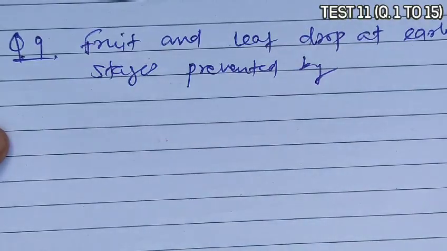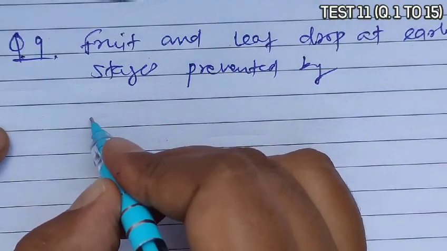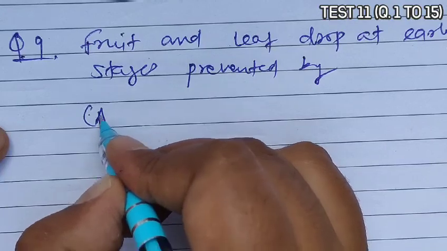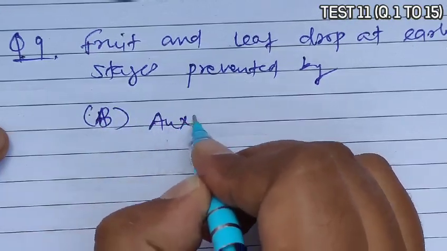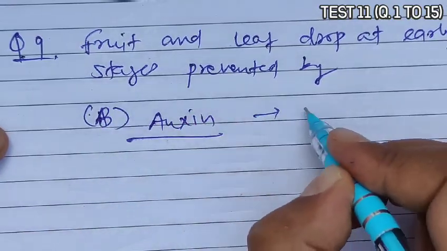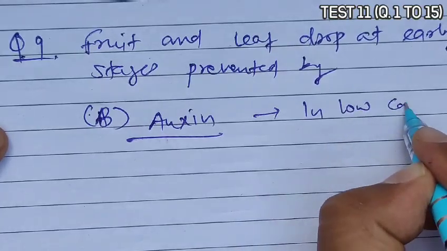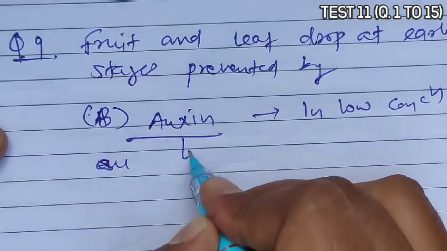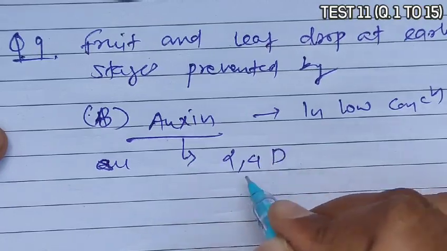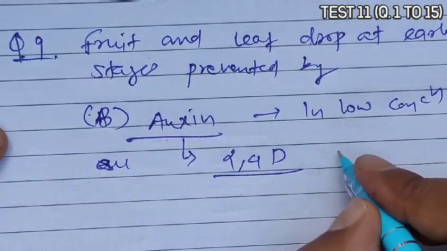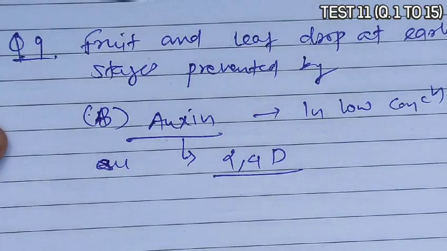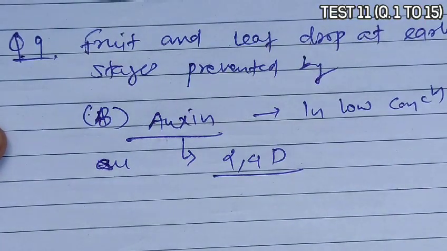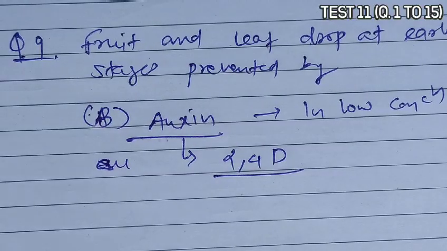Actually, it is prevented by option B, that is auxin, because in low concentration auxin like 2,4-D, that is 2,4-dichlorophenoxyacetic acid, is useful in preventing pre-harvest fruit drop and leaf drop. So 2,4-D auxin is the correct answer.